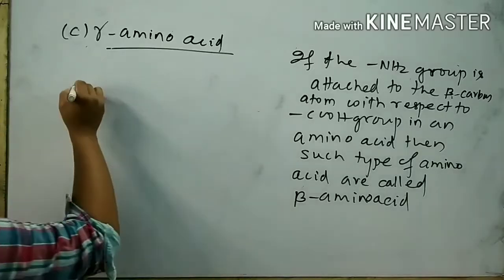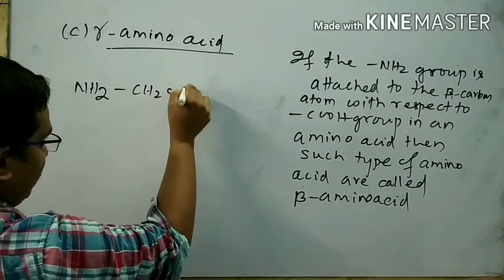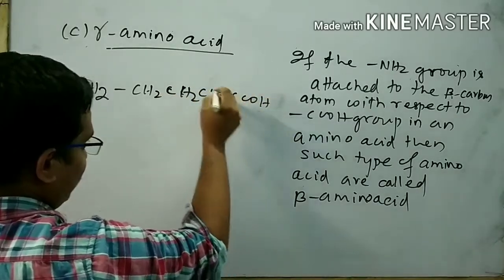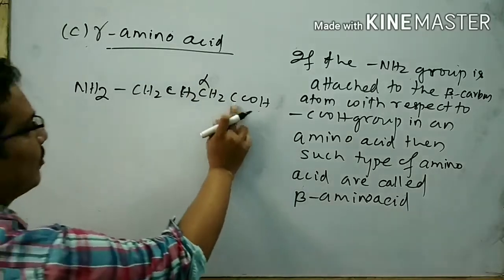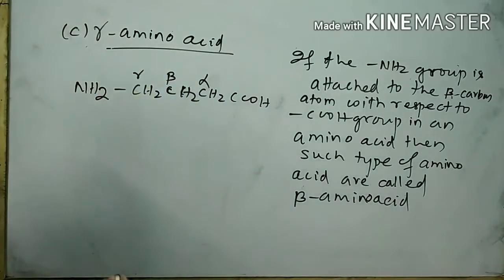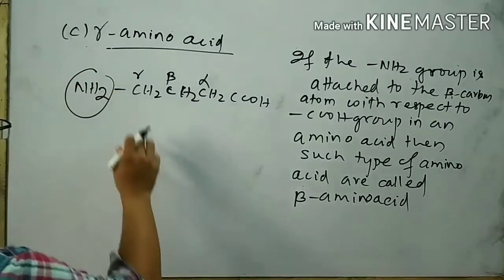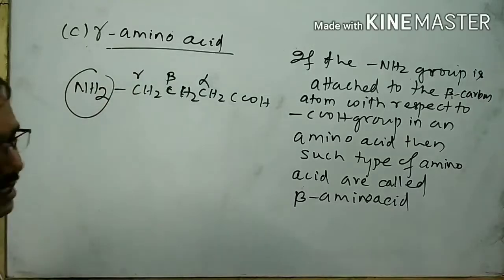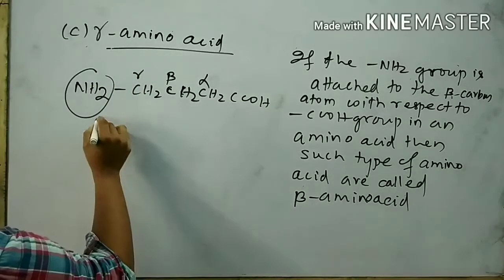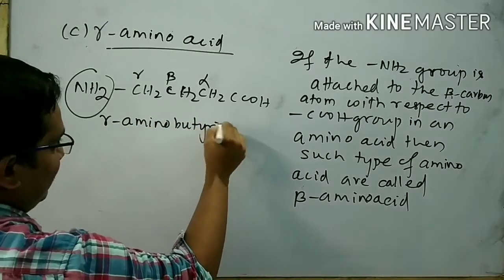Next, I will discuss the gamma amino acid. Take an example of a gamma amino acid: NH2-CH2-CH2-CH2-COOH. This is the alpha carbon with respect to the carboxylic group, this is the beta, this is the gamma. Now the NH2 is attached to the gamma carbon atom, so it belongs to the gamma amino acid, and the name of this compound is gamma aminobutyric acid.